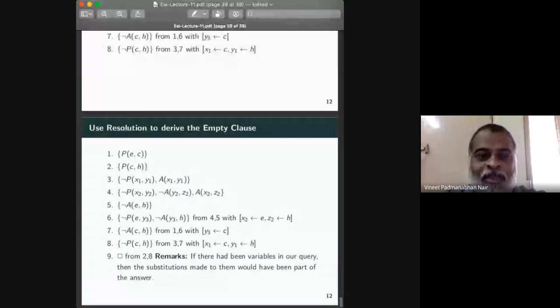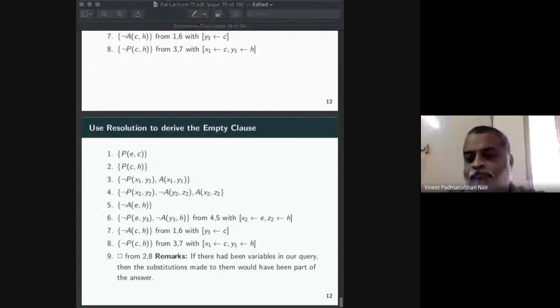So it is the same example here, but I'll show you how these things will work out as far as a programming language is concerned.